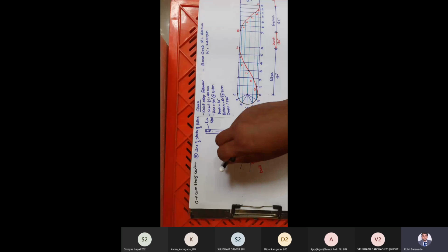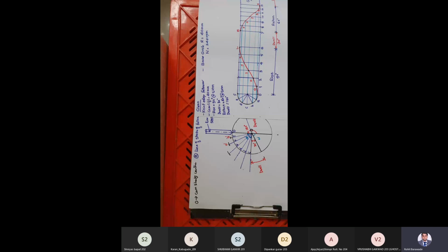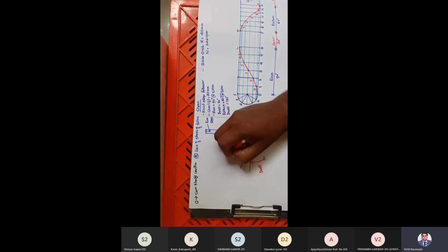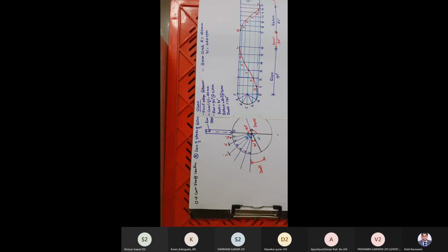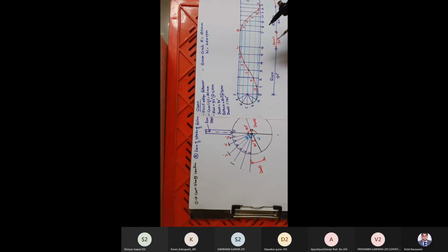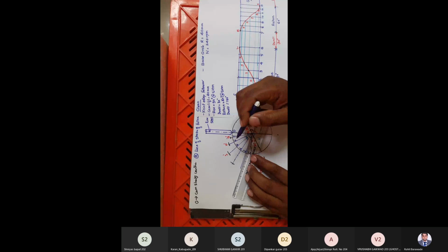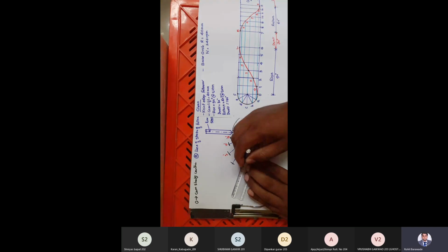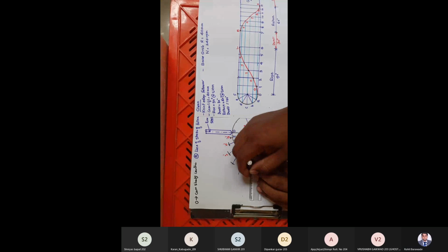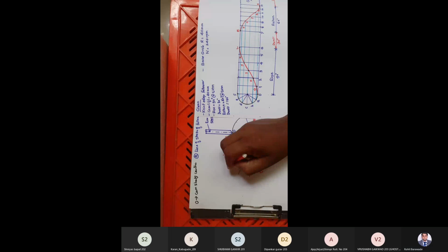Okay, then I'm going towards 4 to J point, right? 4 to J, then place at the 4 dash point and mark a point. So this point is the J dash point. Then next, going from 5 to K point, then place at the 5 dash point and mark a point.